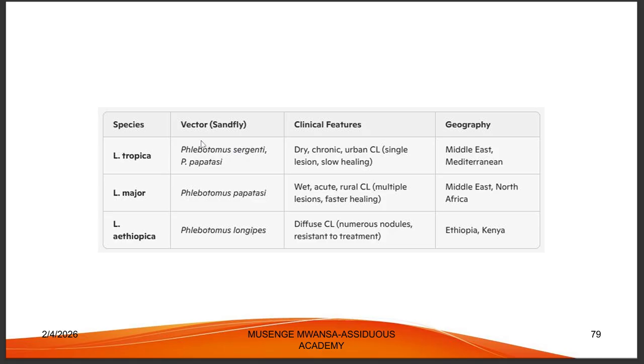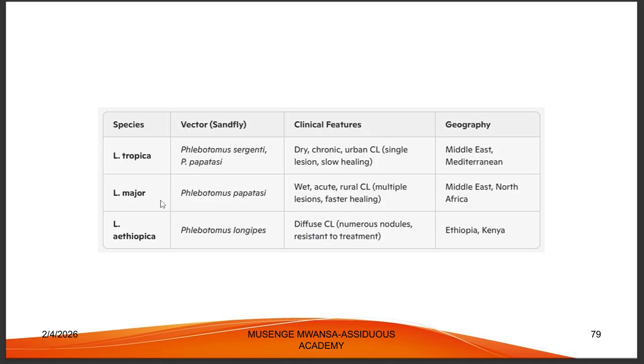But L. tropica, you can see those are the vectors, Phlebotomus sergenti and papatasi. L. major is Phlebotomus papatasi. L. ethiopica is Phlebotomus longipes, which will cause a diffuse type of cutaneous leishmaniasis.